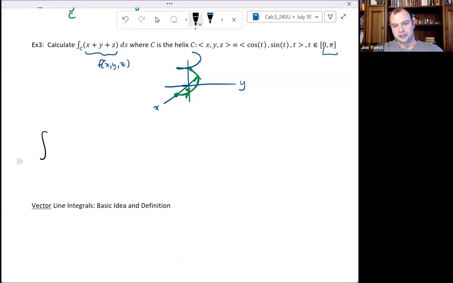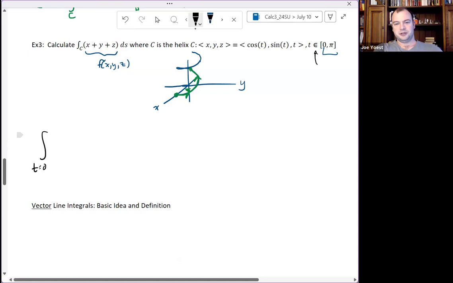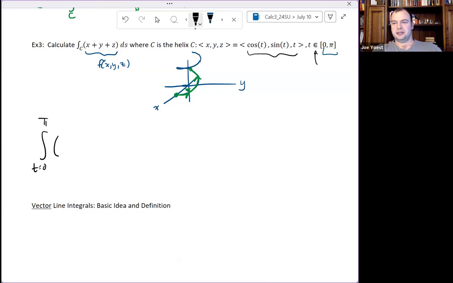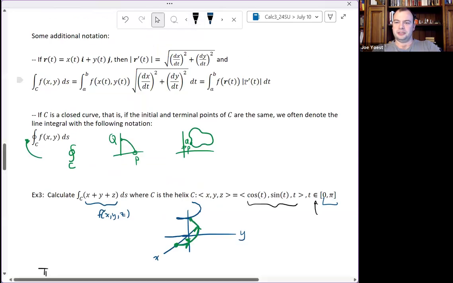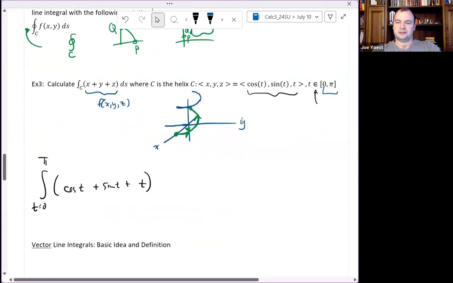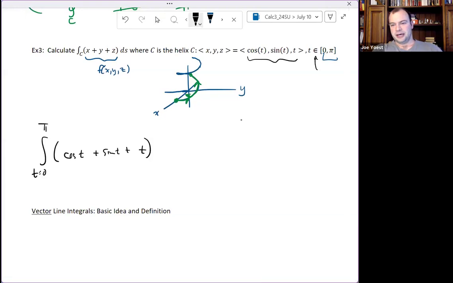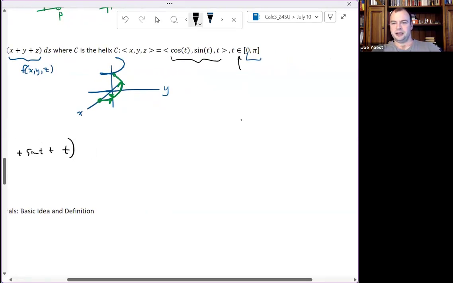Okay, so I want to integrate with respect to t, with t going from 0 to pi, x plus y plus z, where these are the x, y, and z of my parameterization of the path, times ds. Remember, ds is like the length of r prime dt. Let me come off to the side here.